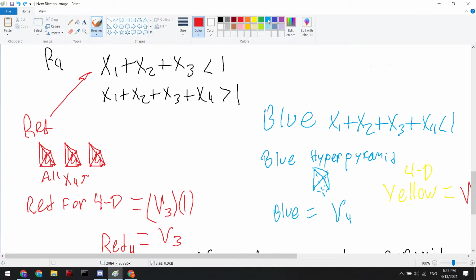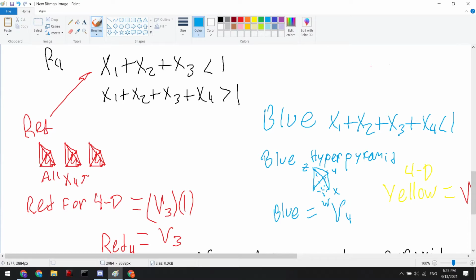For the blue, we get that the summation of the x values gives us something that is less than 1. And essentially, this forms some kind of hyper pyramid, you could call it, where you could almost imagine this is your x value, your y value, your z value, and then some kind of other variable.